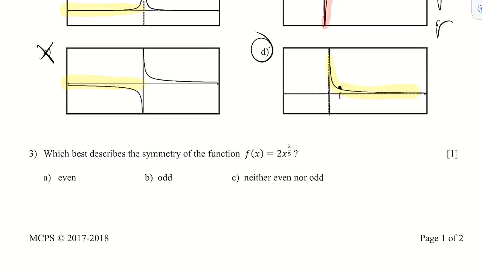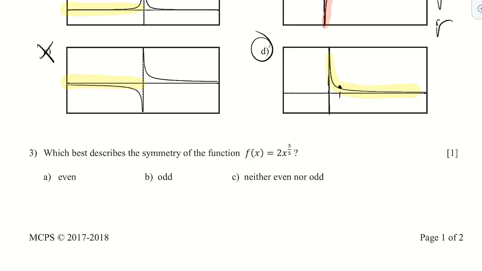Okay, moving on. It says, which best describes the symmetry of the function f of x equal to 2x to the 3/5. If you're looking at both the numerator and denominator of the exponent that is tied with x, if they are both odd, that means this is going to be an odd function. That means you can pull out a negative.